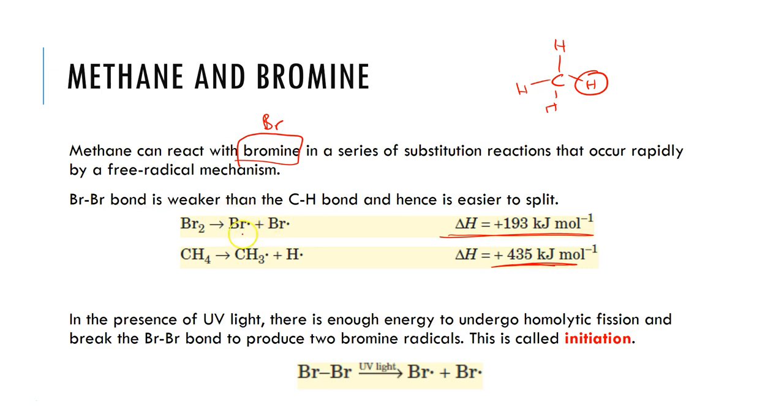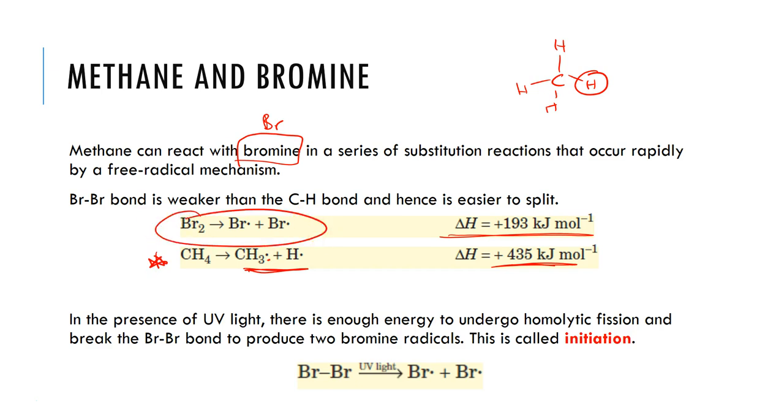Once we have the formation of our radicals, those radicals can then react with methane, which will give me this methyl radical, radical showing here, and hydrogen. Okay, so it would be a homolytic fission for the formation of ions. This one doesn't happen very often, but this one does.